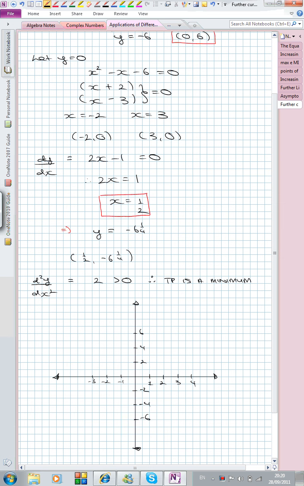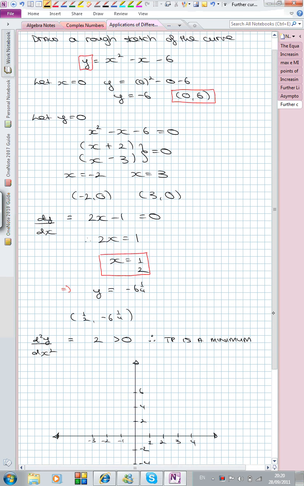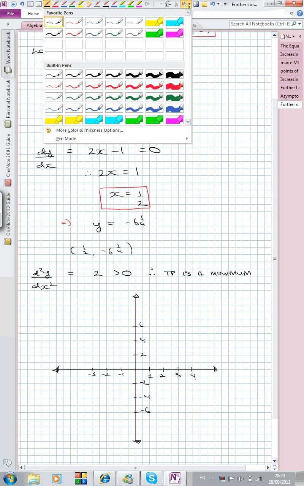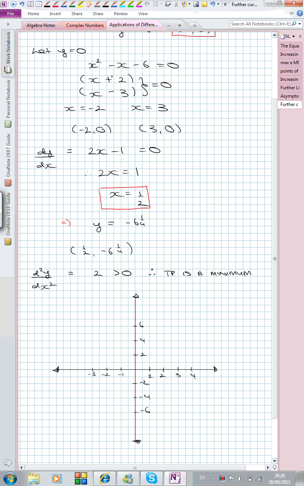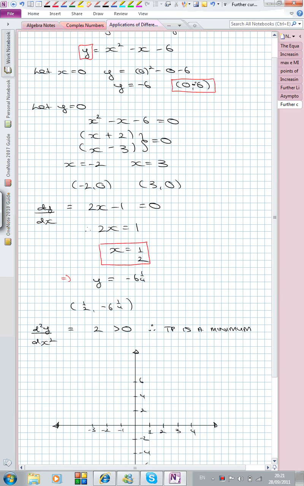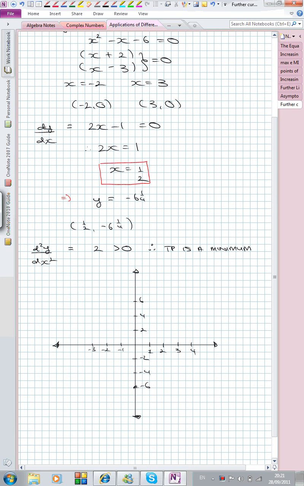So first things first, I'm going to plot the points I've just found. I'm going to plot (0, minus 6), where the curve crosses the y-axis, which is here.